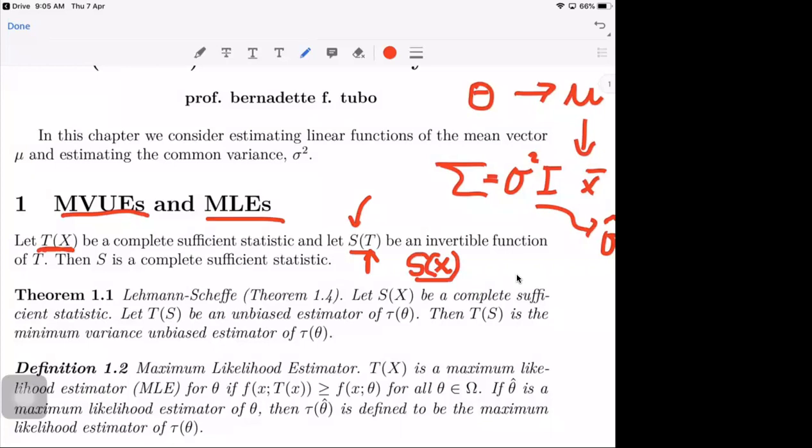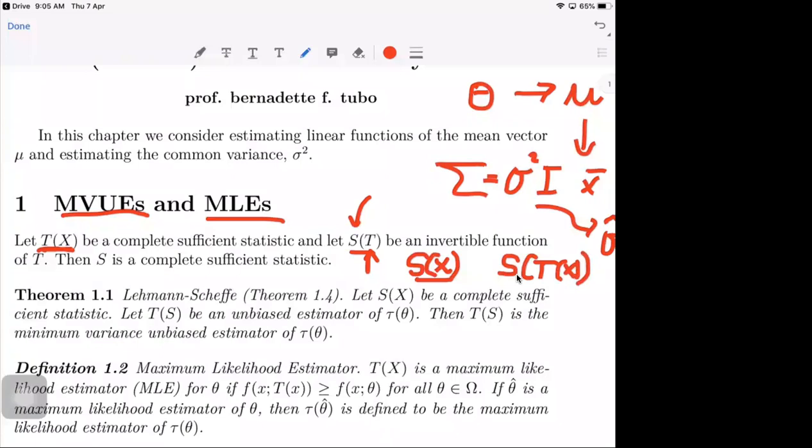Or if you do some transformation on X and it is also a complete sufficient statistic, then your sufficient statistic is S of T, or S of T of X.